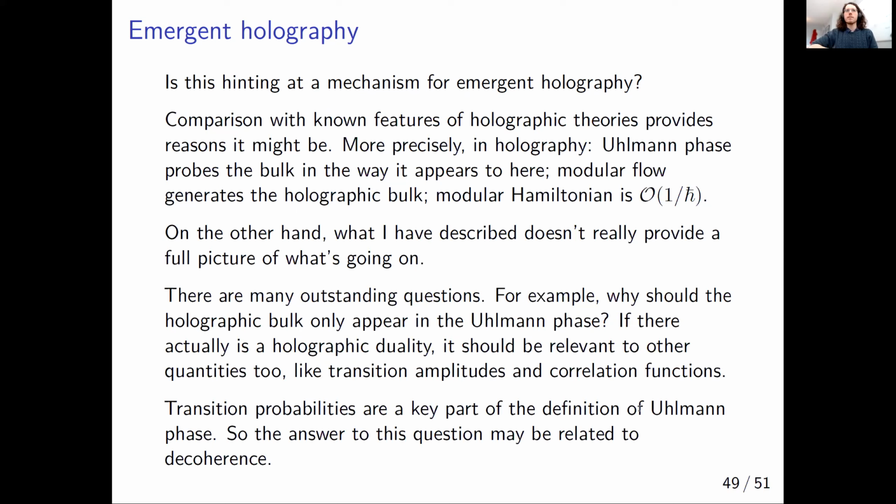I don't really have many answers or time to go through the few answers that I could give to this question, but I will comment that the answer probably has something to do with decoherence. And this is because of the key role played by transition probabilities in the Almond phase.